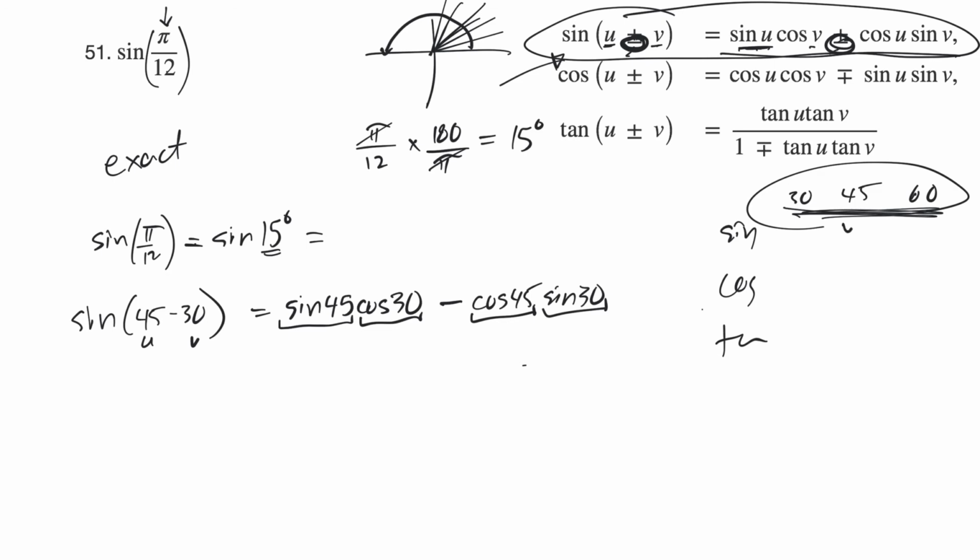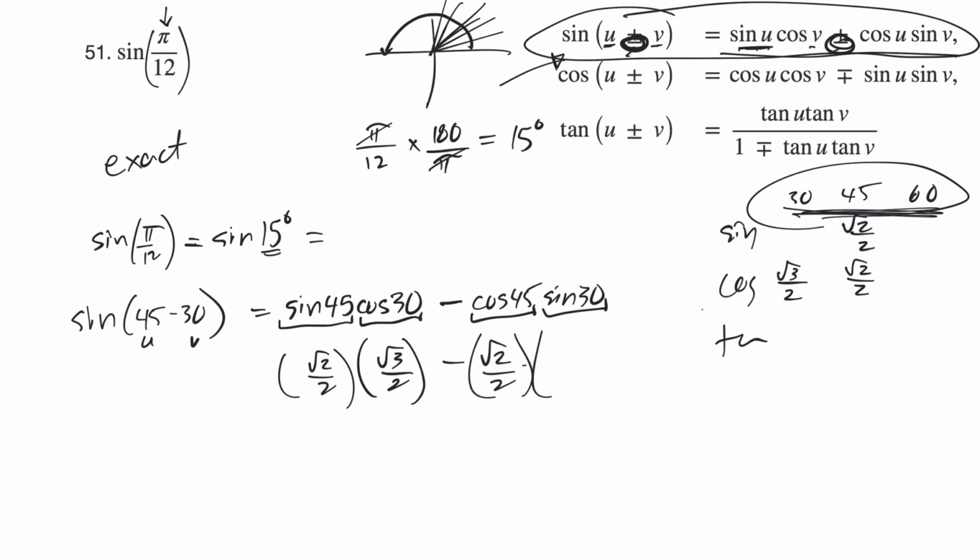So sine 45 is root 2 over 2. Cos 30, that's root 3 over 2. Minus cos 45, that was root 2 over 2 again. And sine of 30 is 1/2.